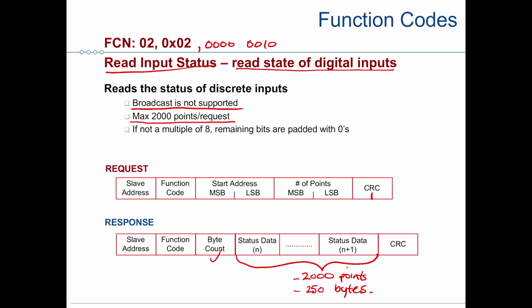Okay, and again, if it's not a multiple of 8, because Modbus is byte orientated, we would have to pad the zeros in that particular byte with zeros. It's called bit padding or bit stuffing.